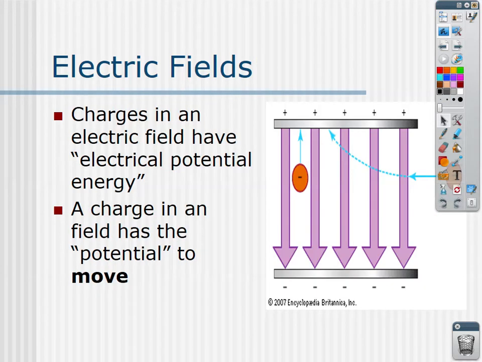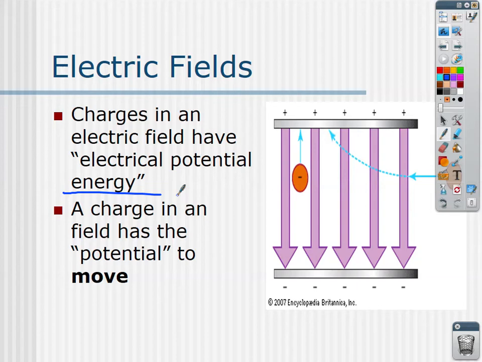So, this electric field that a charge creates will create a force on another charge and will do work on another charge. When charges are in an electric field, they have what's called electrical potential energy. Basically, they have the ability to move. This is related to voltage when we get to it.